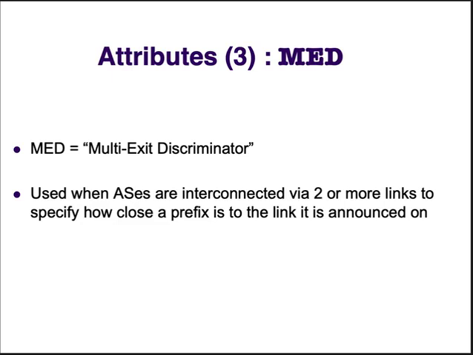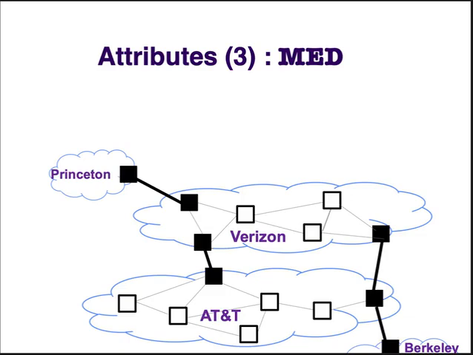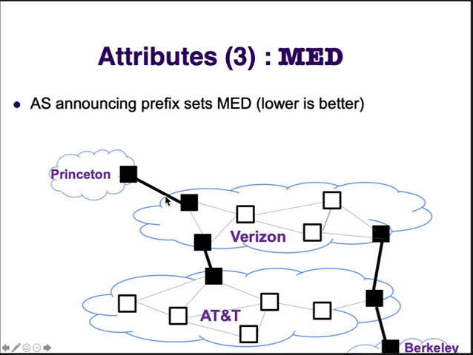Typically it's used when ASs have two or more links between them. The idea is to tell the other autonomous system how close a prefix is to the link over which it's being advertised. Let's go back to that picture. Verizon is advertising Princeton's prefix, and it has these two links over which it's going to advertise it, one on the East Coast, one on the West Coast.